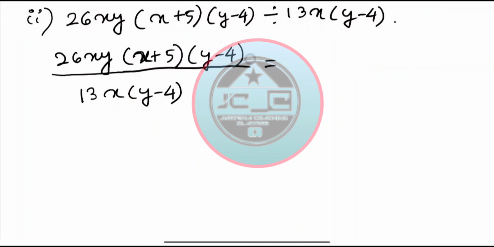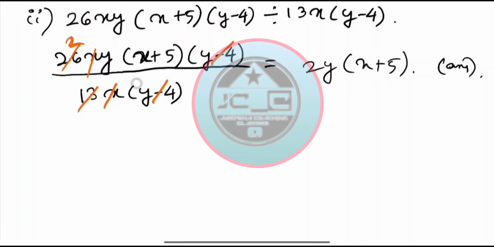Now as we can see here, the direct cancellation can go on. y minus 4 common factors are there, so they can get cancelled. And now x got cancelled. 13 twos are 26. Now the final answer we get is 2y into (x plus 5), right? This is the final answer.